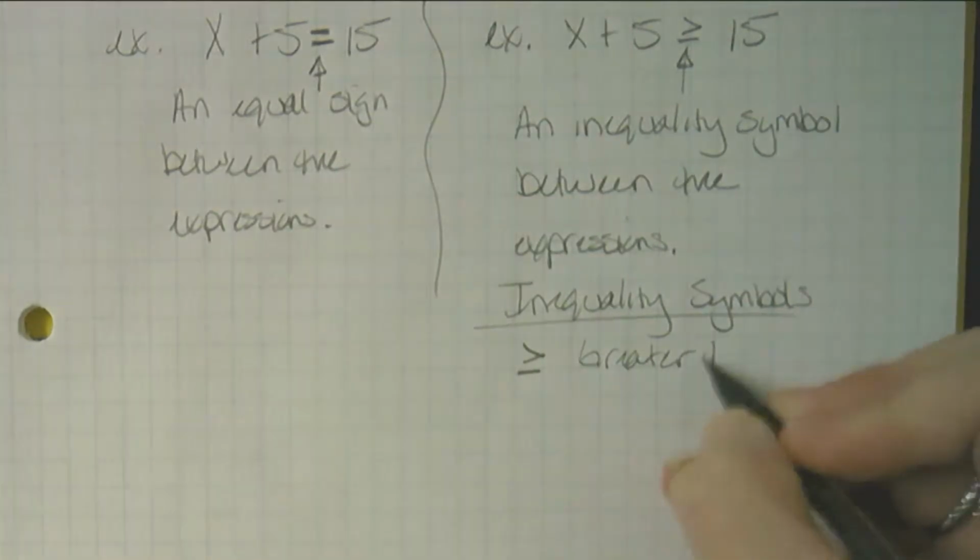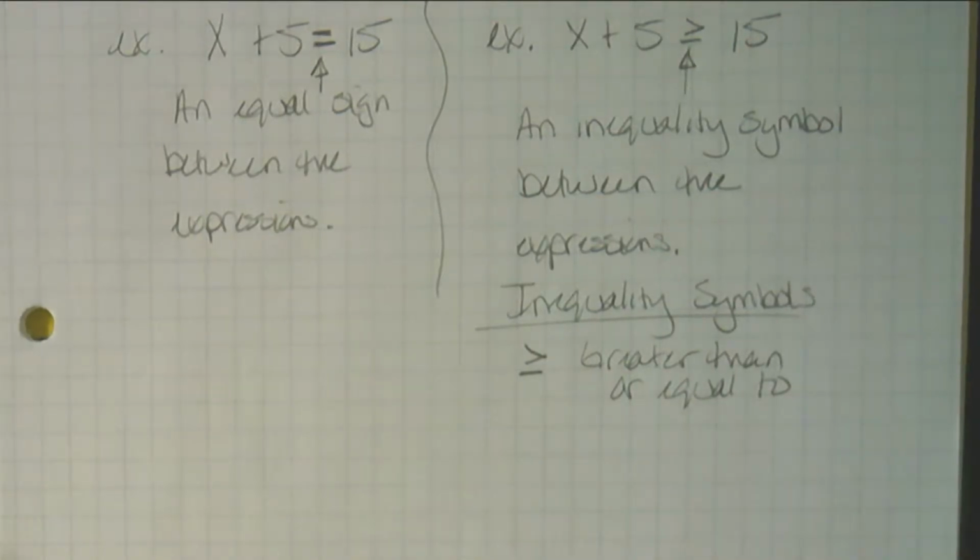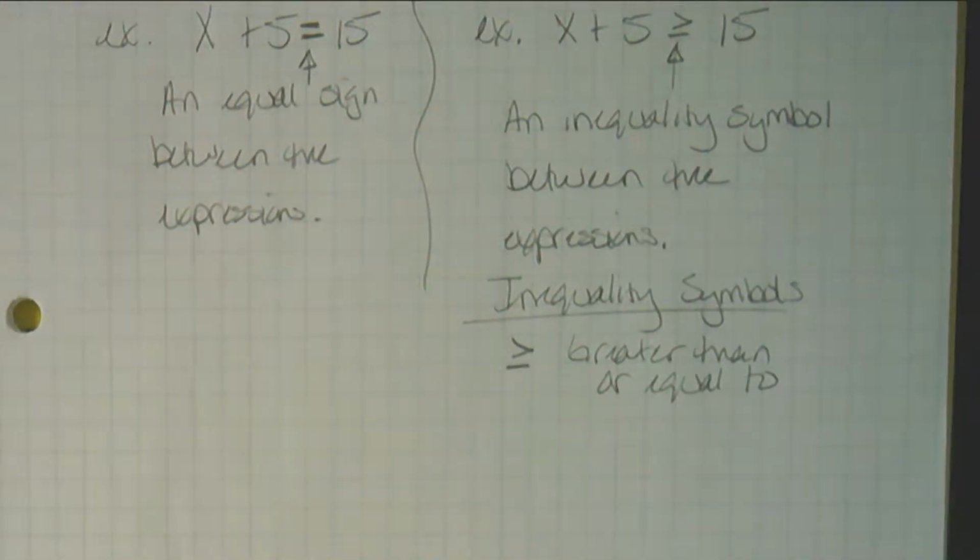Yes, exactly. Greater than or equal to. Nice job. When you're reading from left to right, how you figure out the difference between a less than and a greater than: if the bigger side comes first, it's a greater than. If the smaller side comes first, it's a less than.